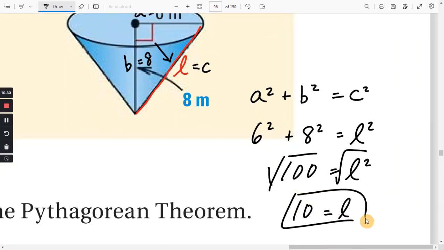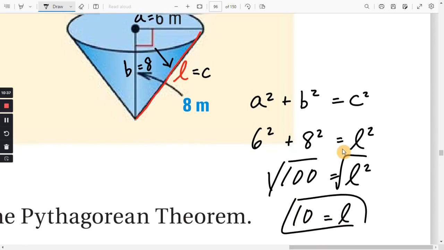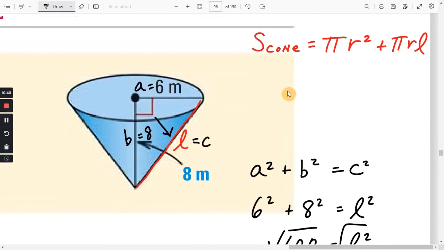So now we're in business. We have L. All right. So the surface area for the cone, pi r squared, that's going to be pi times this right here is your radius. Okay, remember the radius of the cone is the radius of the circle base.